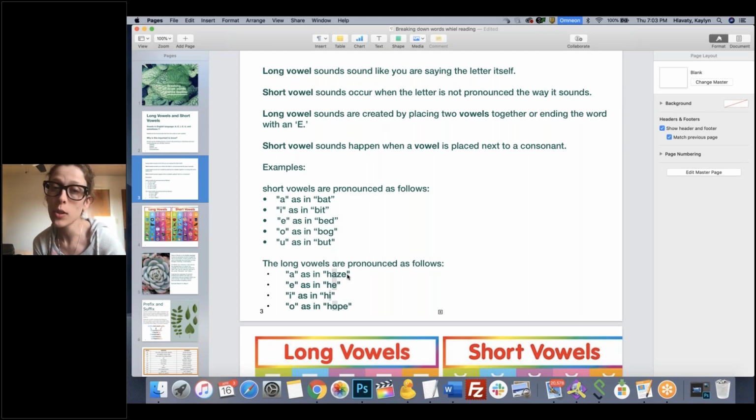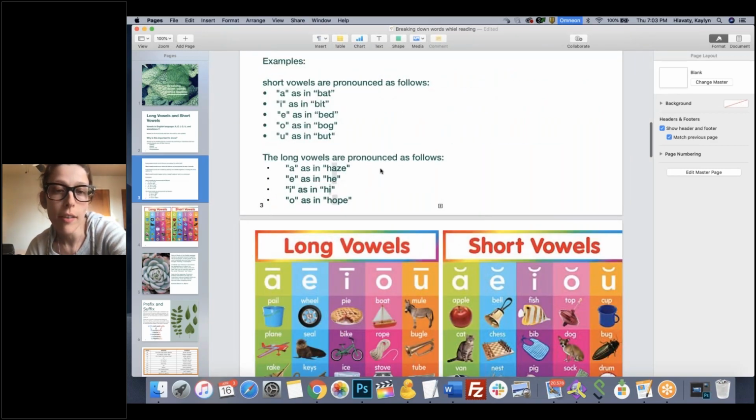But that one's also tricky because it could be read as, he reads the book or she read the book. So that can sometimes be a little tricky. The long vowels are pronounced as follows: the A as in haze, E as in he, I as in high, O as in hope.